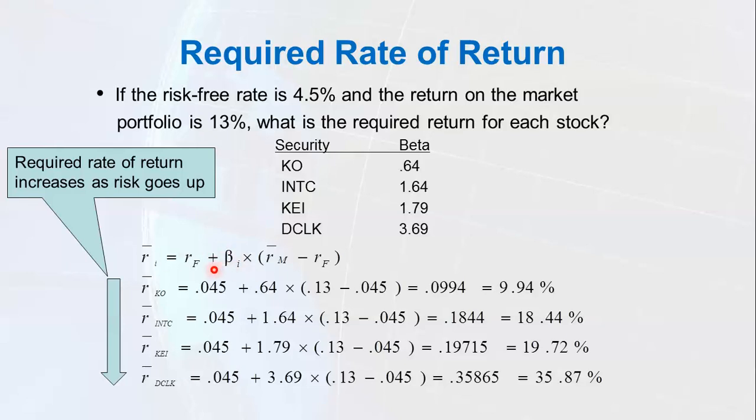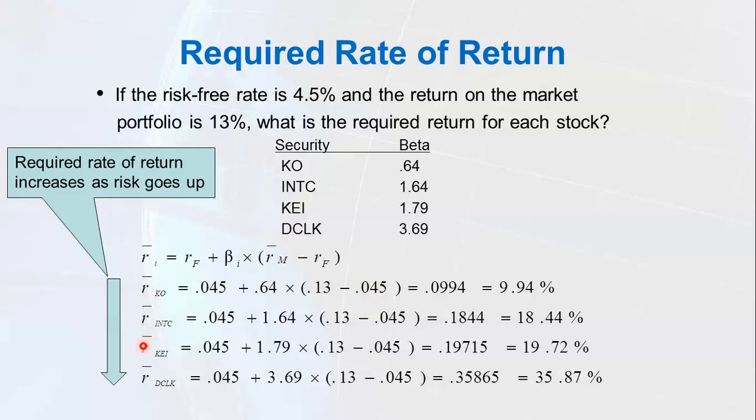That's the whole point about CAPM. So let's find the required rate of return on each of these securities. So let's put the risk-free return plus beta times RM minus RF. So RM minus RF is the risk premium on the market. Okay, so beta times the risk premium on the market plus RF is going to give you the required rate of return on these securities.